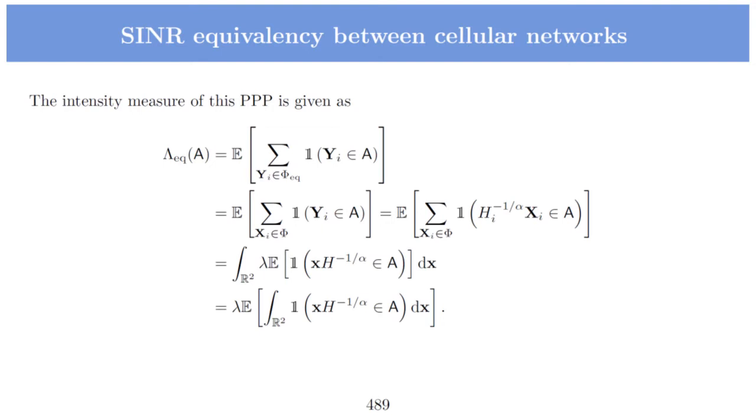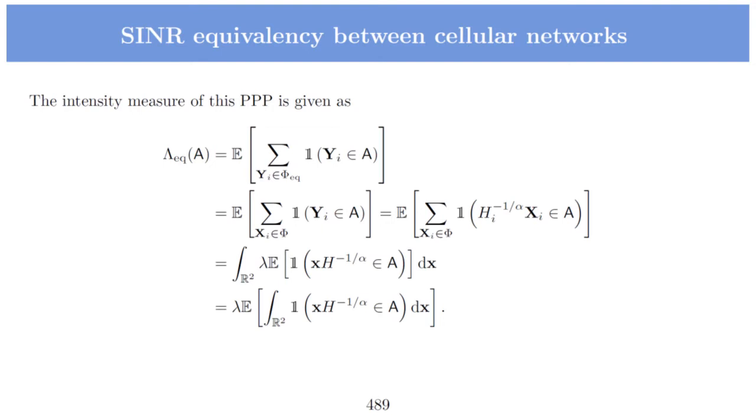Now this is just a summation over the marked point process locations. I can apply the Campbell theorem for the marked point process, and what I will get is the integration of lambda, which is the density of the original point process, expectation with respect to h, and the function f(x) dx.